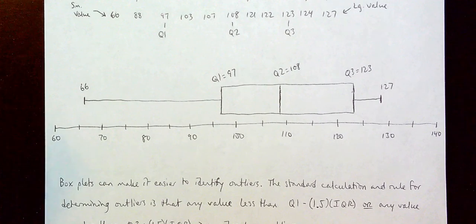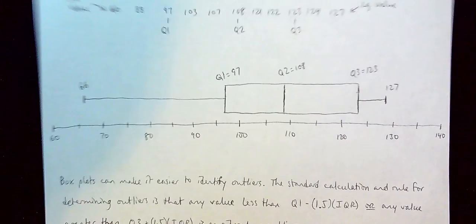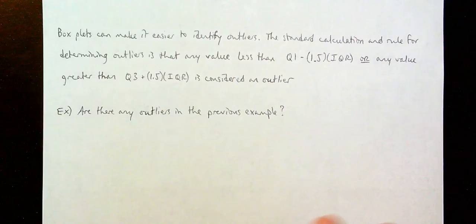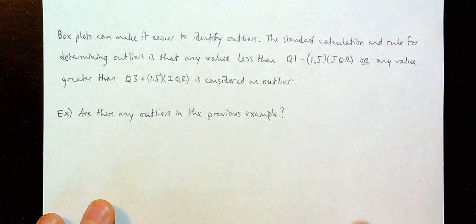Now, what can we use these box plots for? Box plots can help make it easier to find outliers. We were introduced to this word a couple videos back when we talked about the mean, median, mode, and the mid-range.